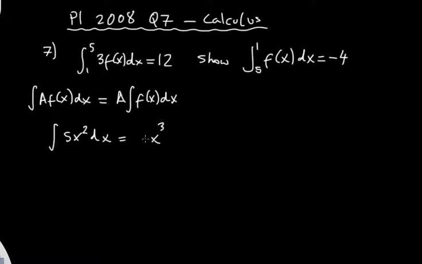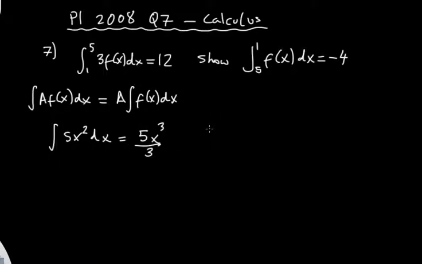I would get 3x squared, but I don't want 3x squared, I want 5x squared. So I need a 5 at the top and a 3 at the bottom, so that when the 3 comes down, it cancels with this 3 and I get 5x to the power of 2. So this is true, that these two are equal.